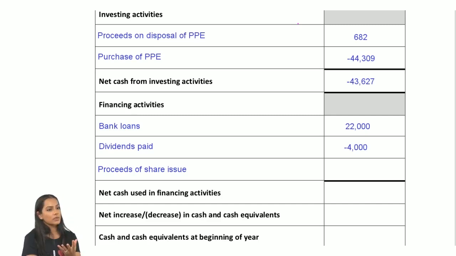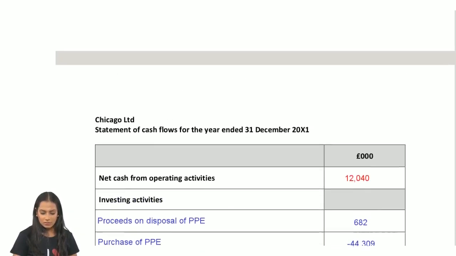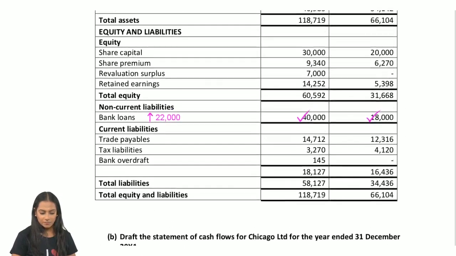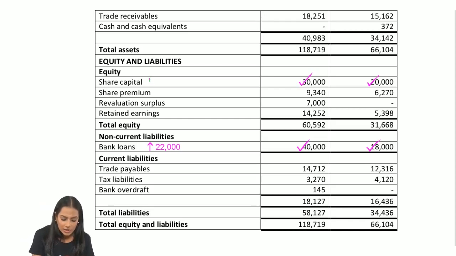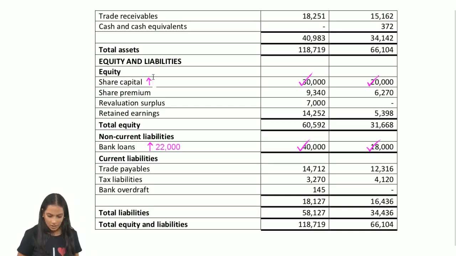The difference between the two will allow you to identify what was the money raised from issuing shares. If I scroll up to the statement of financial position, there we go. Your opening share capital is 20,000. Your closing share capital is 30,000. So your share capital has gone up. The share capital has gone up by $10,000.